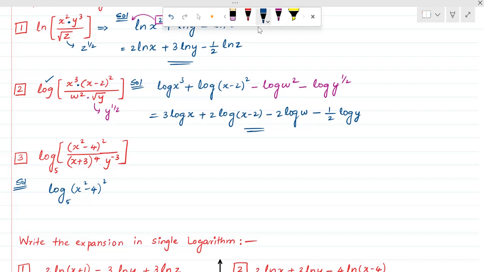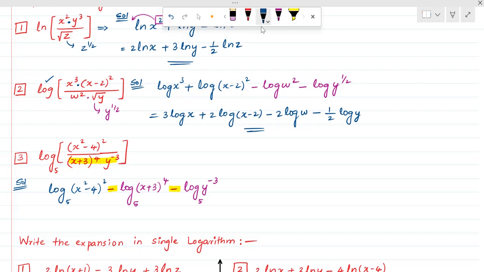All the terms in the denominator, I have to write with a minus. So minus log (x plus 3) whole power 4 base 5, minus log y to the power minus 3 base 5. All the terms in the denominator should be minus, because it is in the denominator.